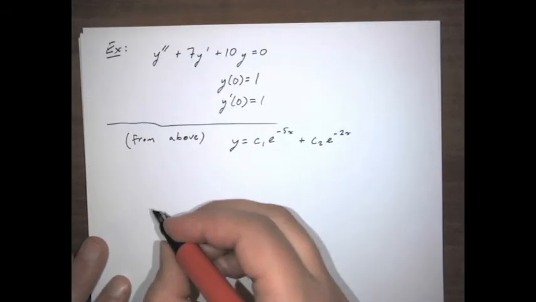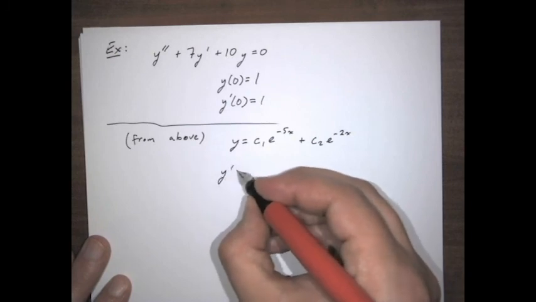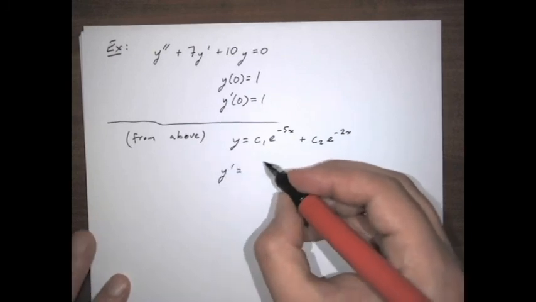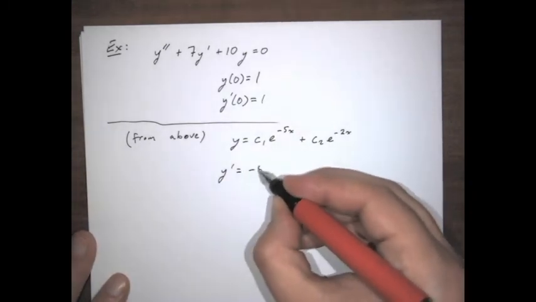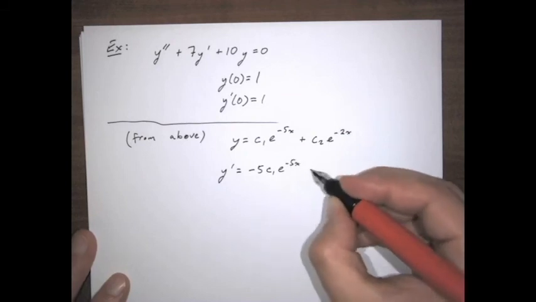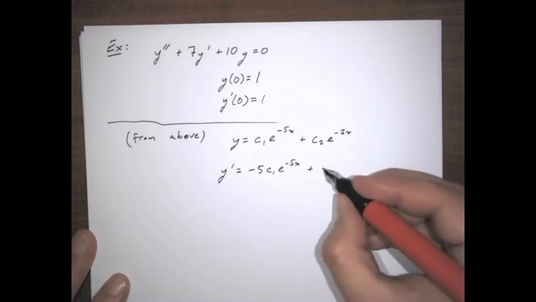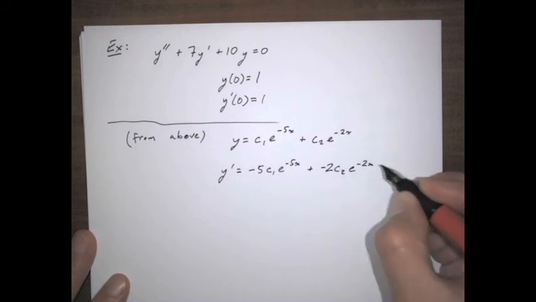Now, in order to evaluate this, we need to also figure out what y prime is going to be, so that way we can plug something into that equation as well. So it's going to be negative 5 C1 e to the negative 5x plus negative 2 C2 e to the negative 2x.